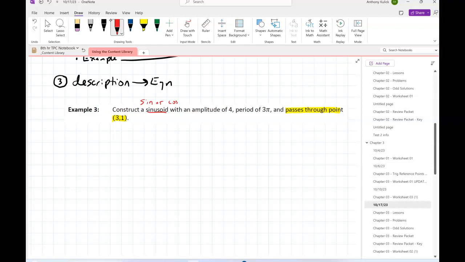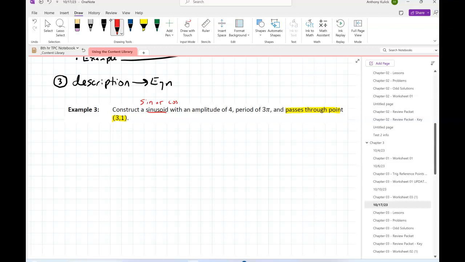That doesn't tell me that it's a midline point. Doesn't tell me that it's a maximum. Doesn't tell me it's a minimum. All it needs to do is pass through that point. So it gives me a lot of freedom. It's I who am going to be able to choose where that point falls on my graph, whether it's at a maximum or a minimum or a midline point. Everybody's okay with that? So we're going to choose that right now for starters.